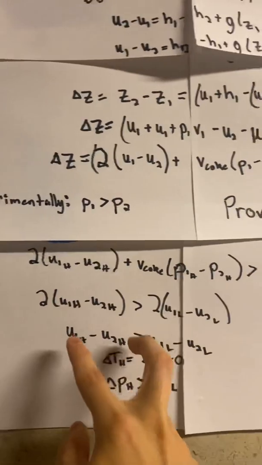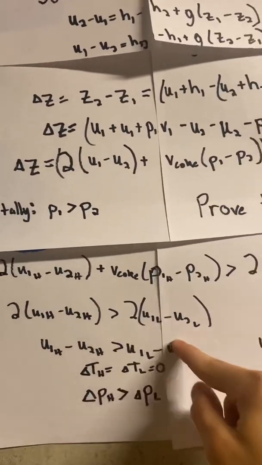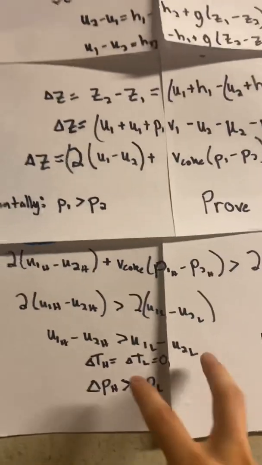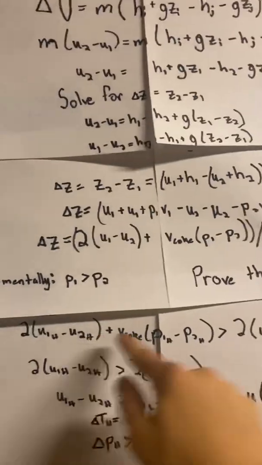And although they're both at the same temperature, that difference in pressure is what causes the difference in internal energy, and that proves that statement as well, which proves this statement.